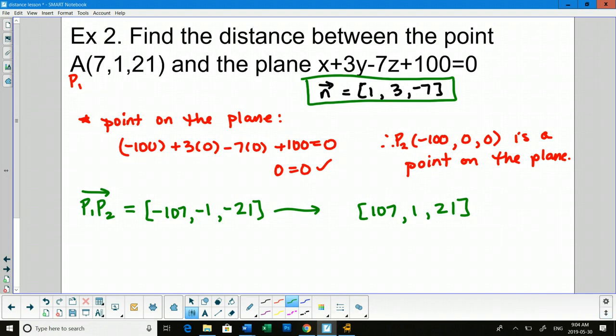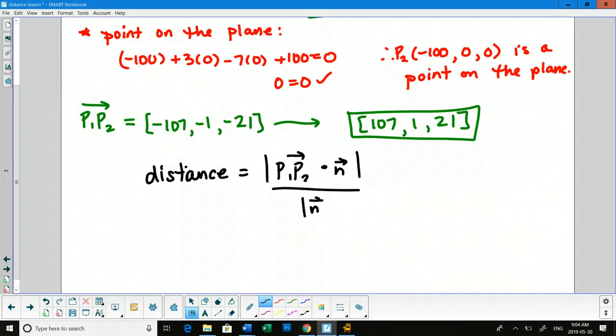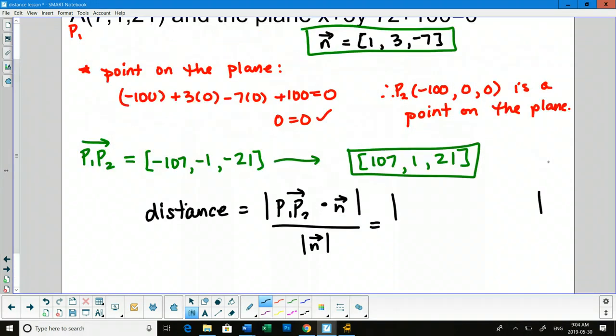Okay, so here's our vector. We're just going to use that distance formula again, same thing we did last time. We're going to find the absolute value of the dot product between the normal and the vector we just found.